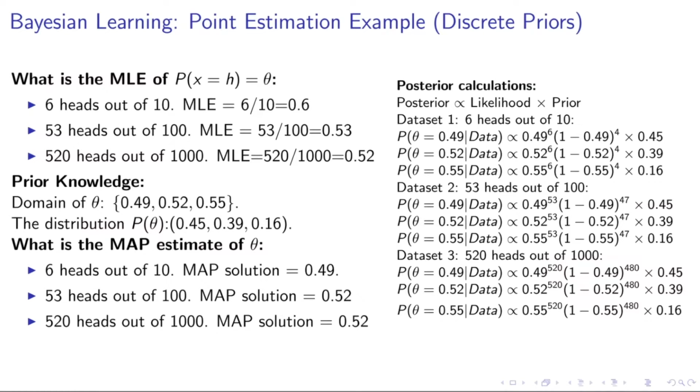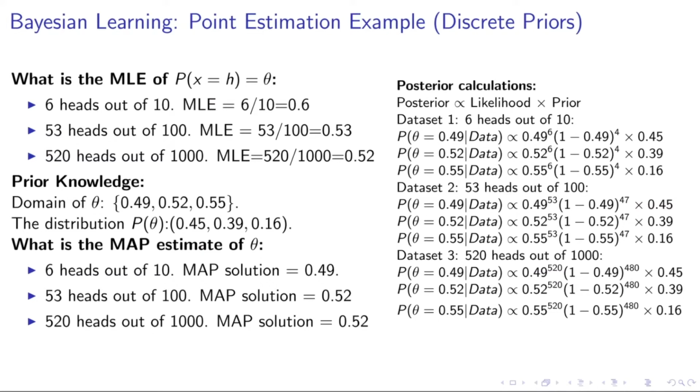Next, we will look at an example for Bayesian learning. If you recall, the main aspect in Bayesian learning is that you have to specify a prior, and then multiply the prior with the likelihood to get a posterior. So we'll do two examples.